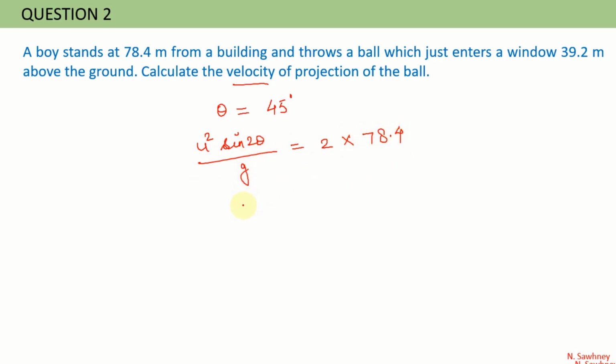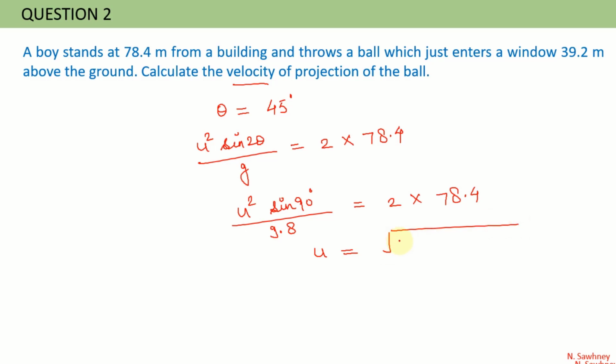So putting theta as 45 degrees, we will get u square sine 90 degrees by 9.8, which is equal to 2 into 78.4. So from here we will get u as under root 2 into 78.4 into 9.8, and when we calculate this, we will get 39.2 meter per second.